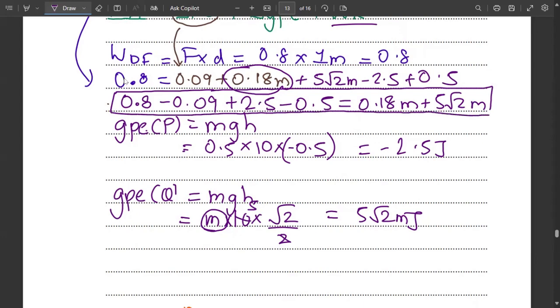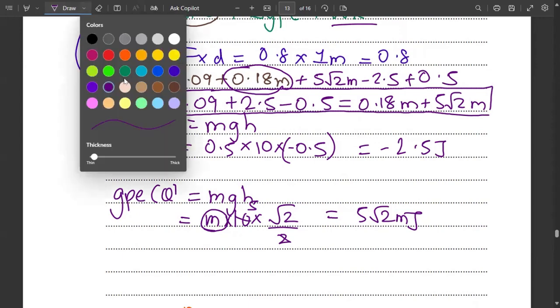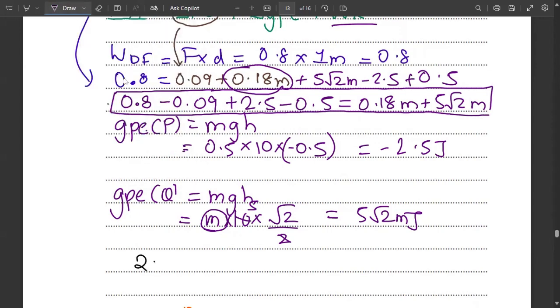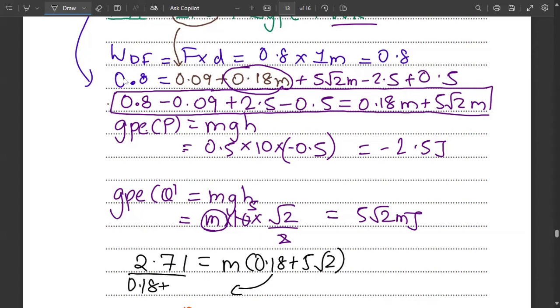If I put this on the calculator, 0.8 minus 0.09 plus 2.5 minus 0.5 will give me 2.71. So 2.71 is equal to m times 0.18 plus 5 root 2. And this goes down, which will give me 0.18 plus 5 root 2.